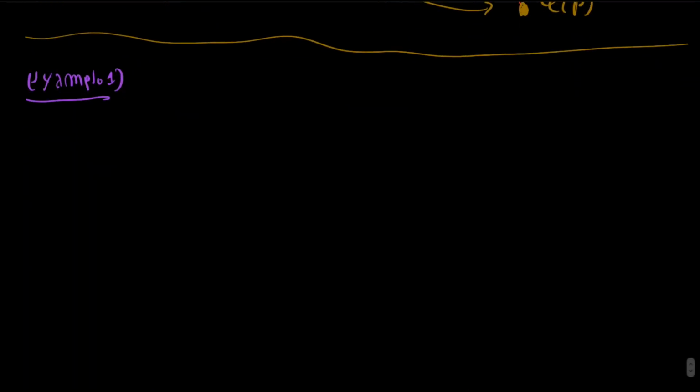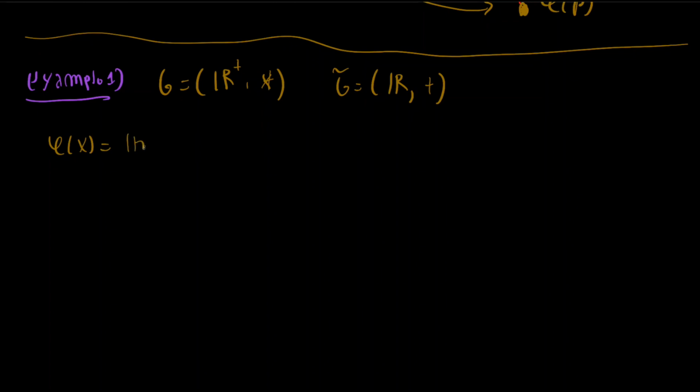What we want to show is that, considering the group G to be the group of positive real numbers under multiplication, and our group G tilde to be the group of all real numbers under addition, phi of x, given by the natural logarithm of x, is a group isomorphism, provides an isomorphism between those groups.